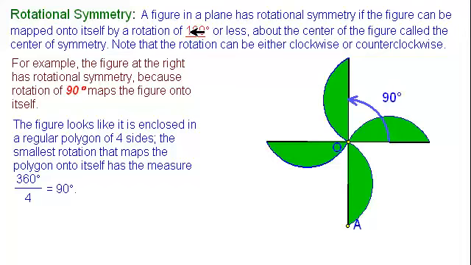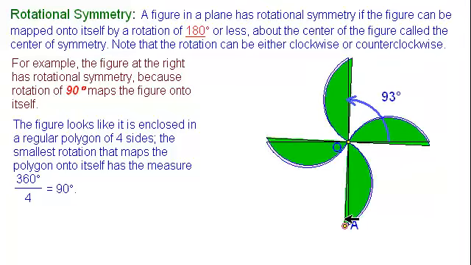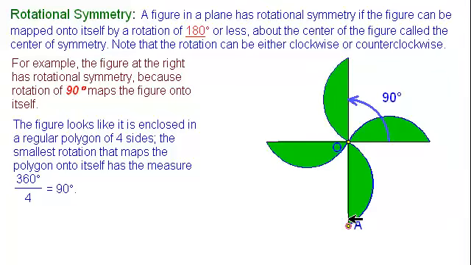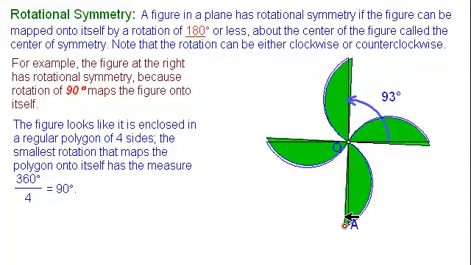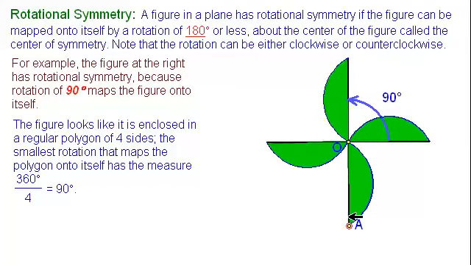That is what it says here: the angular or rotational symmetry is 180 degrees or less. It's not going to be more than that. When I moved from here to this spot, it looks like it has moved 270 degrees, but we are not going to count this as a rotational symmetry.